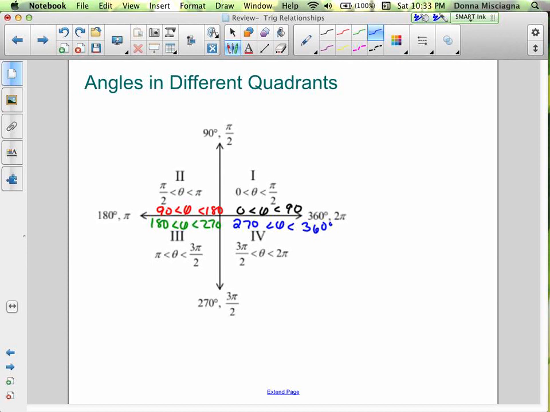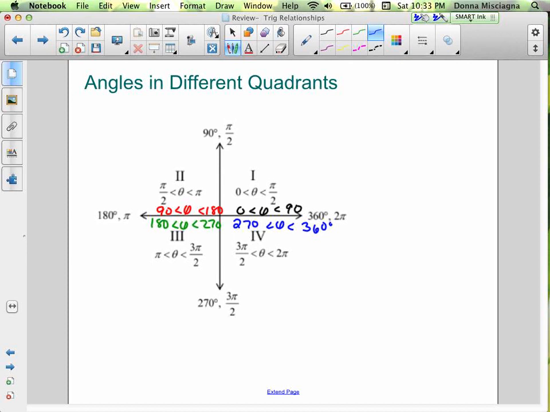So along the positive x-axis is 0 or 360 degrees, or in radians, 0 or 2 pi. On the positive y-axis, that'd be a quarter turn, is 90 degrees, or in radians, pi halves. If we have half a turn, that's 180 degrees.